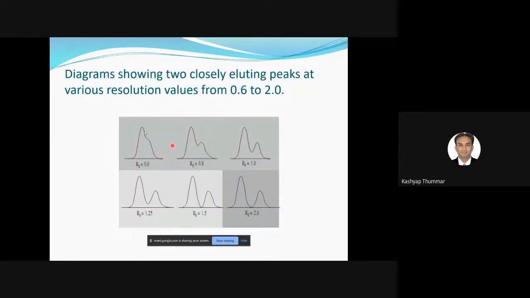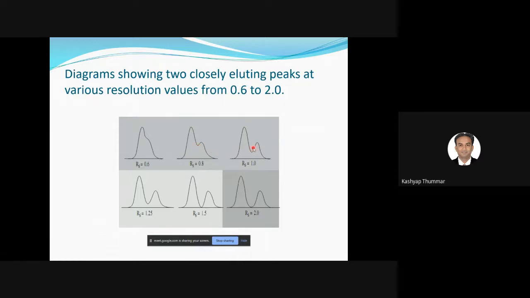So this is a chromatogram showing different resolution values. At resolution 0.6, the two peaks are there, but they cannot be separated; it is a slight separation. Resolution of 0.8 also has two peaks with slight separation.